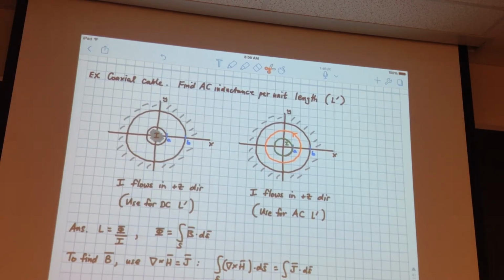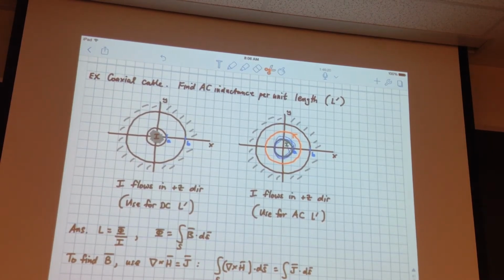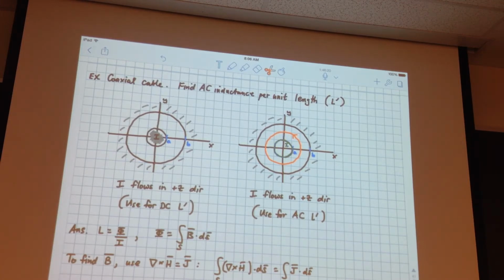Then the current tends to flow only on the surface of the conductor. There's the electromagnetic skin effect where current flows on the surface of metals. So the current I, you can imagine, is residing on the surface of that inner conductor.